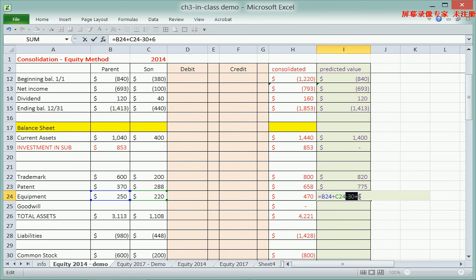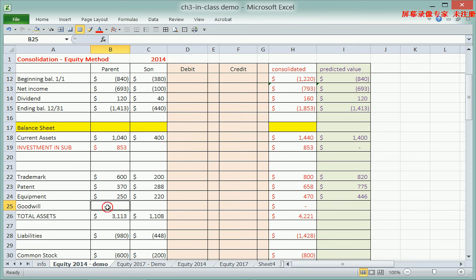Now, if you look at the net effect for the first year, after the first year, it's P plus S, but only minus 24,000. This means that the overvalued equipment is brought down to its fair value. So the book value is overvalued and brought down to the fair value.